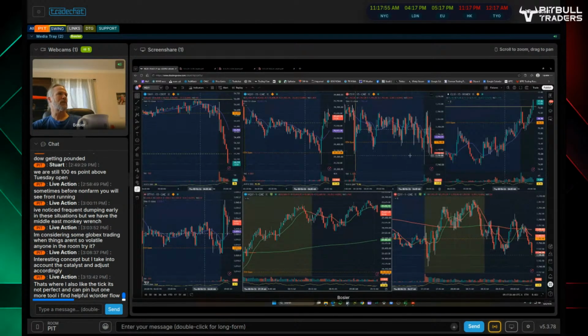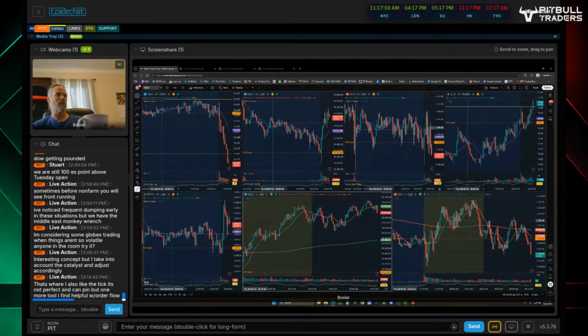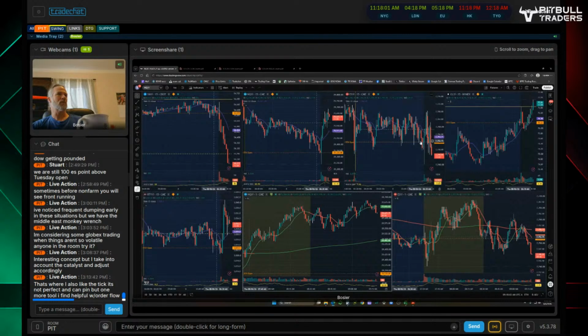But looking at this ES chart, it's just been chop. It was chop overnight, it was chop this morning. Now they're through the open, and they're trying to take out this 45 level, and bonds are coming off here.